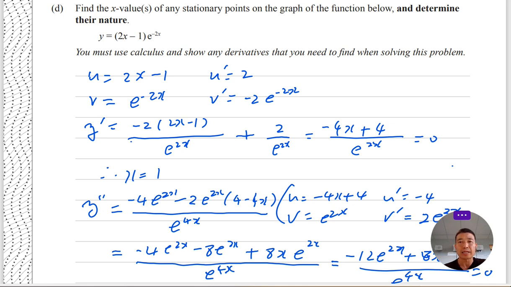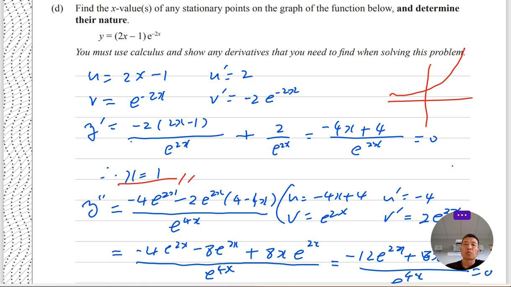So we set that equals 0. And you know what? e to the power of 2x never becomes 0, isn't it? So if I draw that, e to the power of 2x must be like this, right? So that means negative 4x plus 4 must be 0, right? So hence x is 1.